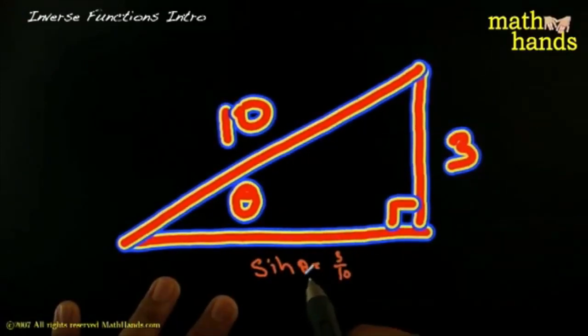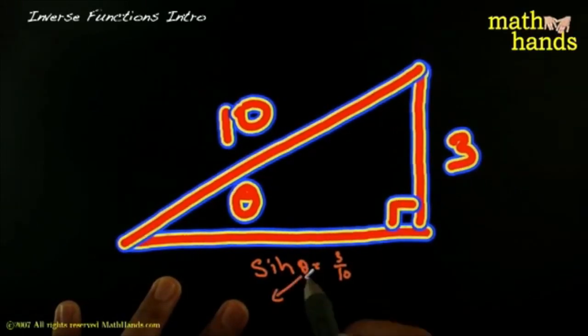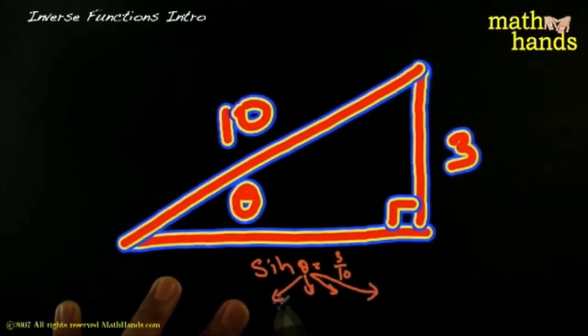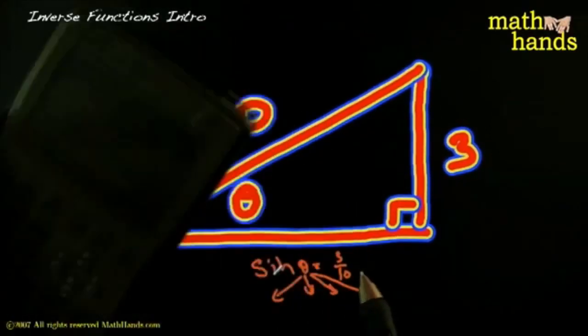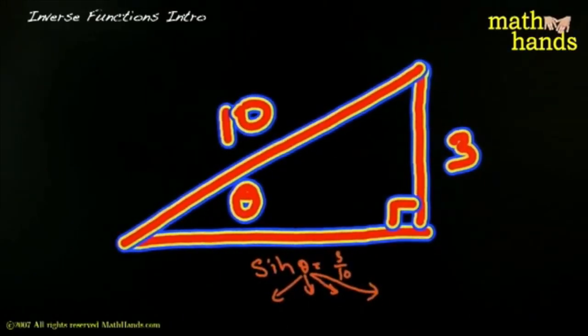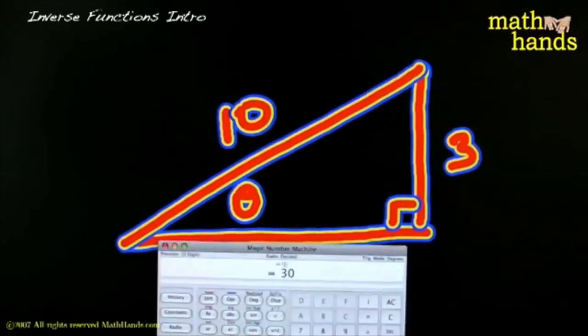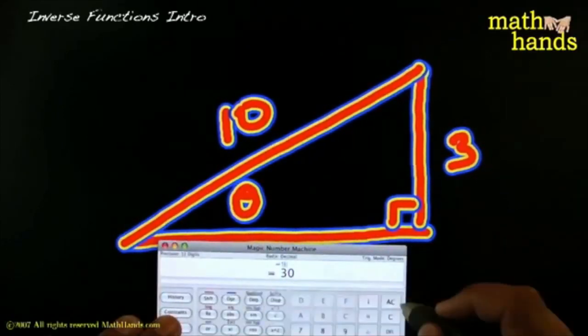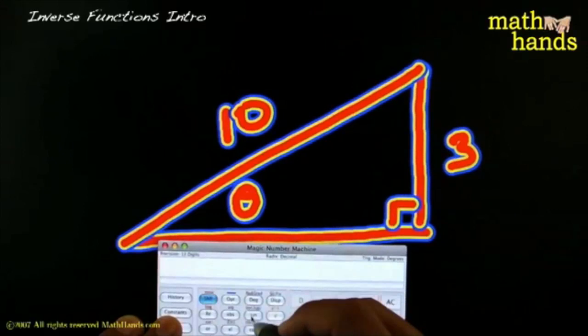So here, two things. One is that there are many angles that fit this, and later on we will learn how to solve for all of them. The calculator will give you the angle that's between 90 and -90 degrees. So we go to our fancy little calculator here, our magic number machine, and I clear this. I hit shift sine.